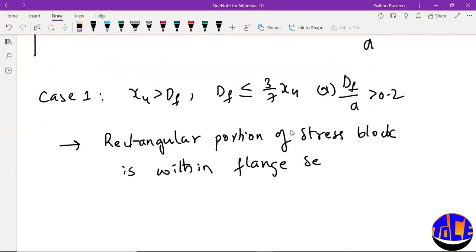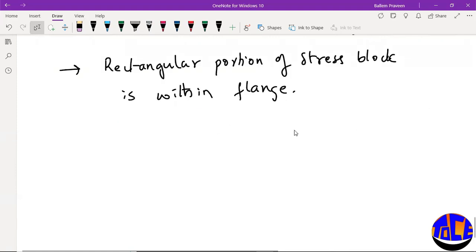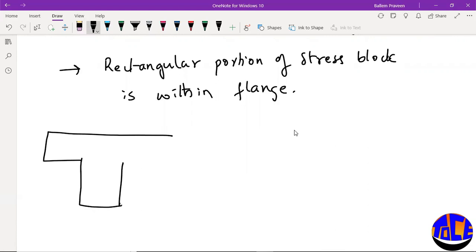For this, how we have to design is, if this is a T beam, we have to divide this into a flanged section as well as a rectangular section. Somewhere here you have the xu.